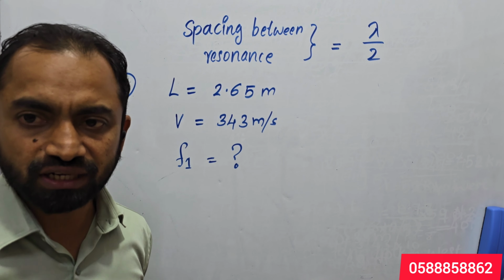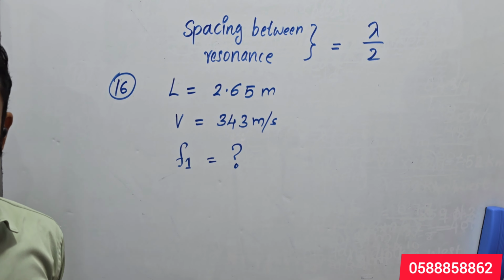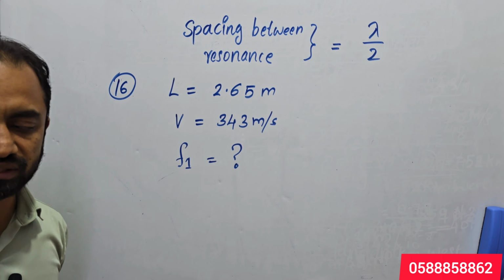Can you check the calculation? Just recheck the equation and do the calculation again. 64.7, right? 343. Let me check. Yeah, 64.7 is correct. Can you explain, Meera, how did you get that answer?